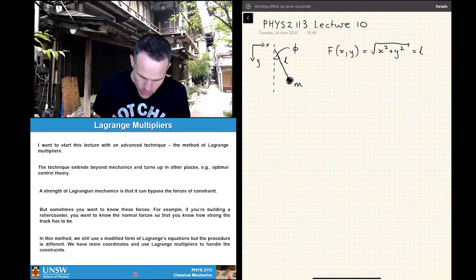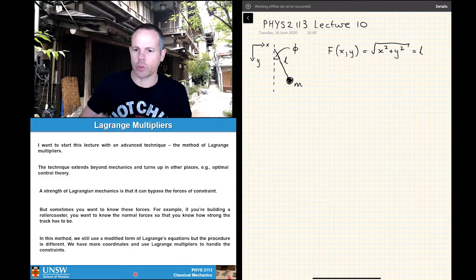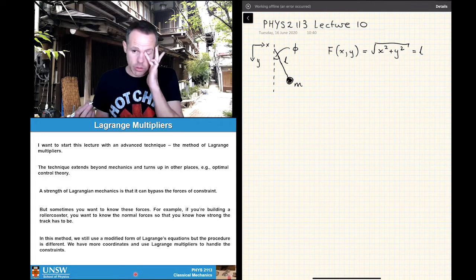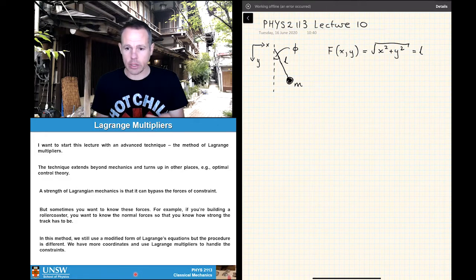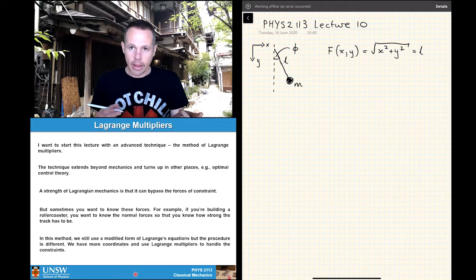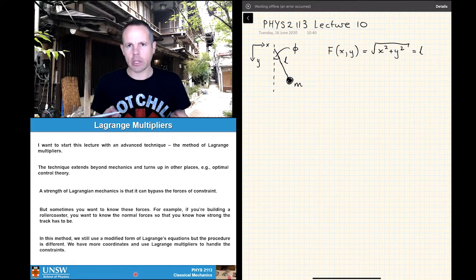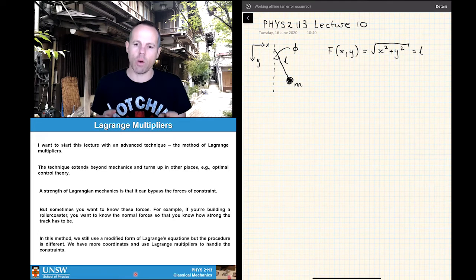In this particular case, we've got two coordinates, x and y, and you'll notice last time we used the constraint to reduce down to one coordinate, which was phi. But in this method we're actually going to keep both of our coordinates, because we're not going to use the constraint to eliminate one. So we're going to work in x and y rather than phi.